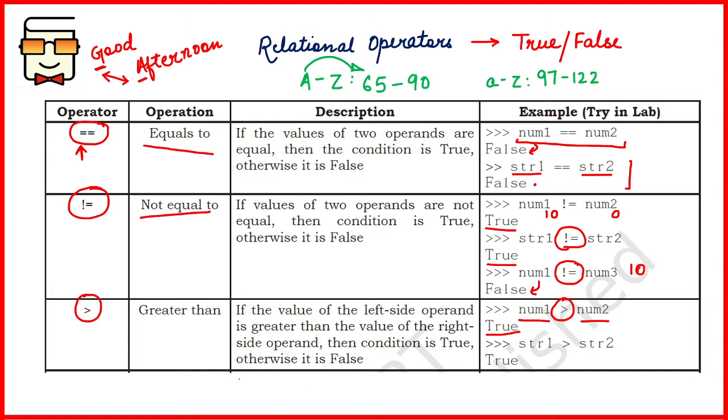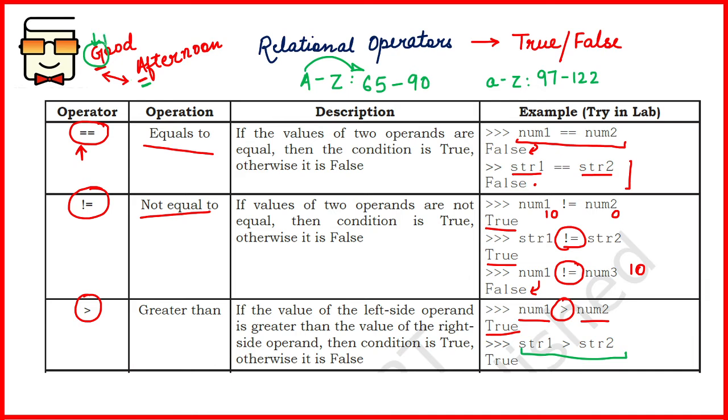So in case of str1 and str2, when we try to compare these two strings in this particular statement, we know that since capital G occurs after capital A in terms of English alphabet as well as in terms of the ASCII value, therefore this particular string will be greater, because the ASCII value of G is greater than the ASCII value of A. Now suppose both these strings had the same starting character, then the Python shell would have compared further characters.